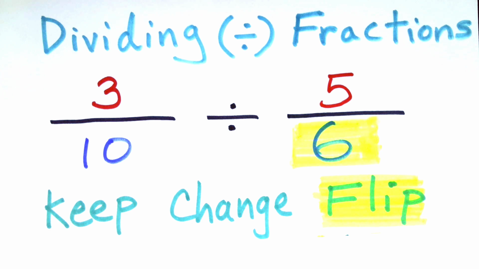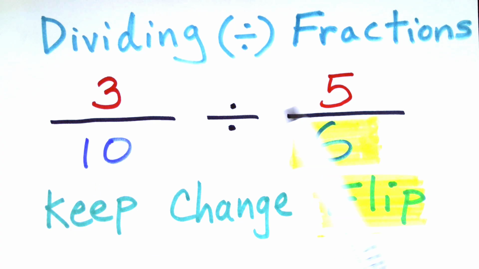All right, let's take a look at another example of dividing fractions, right? We have 3/10 divided by 5/6. So remember the rule, you keep, you change, you flip. Okay, so I'll make a real important statement that you can only flip this fraction after you make that change from a division to multiplication.